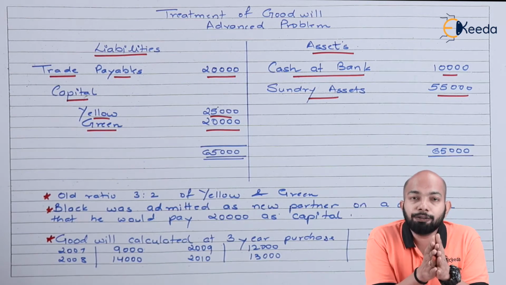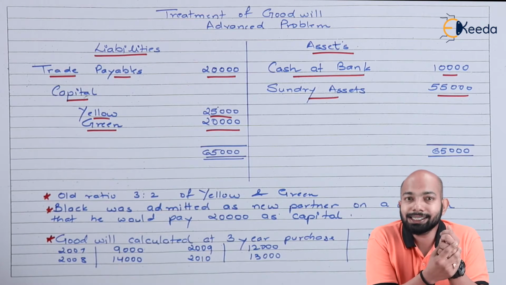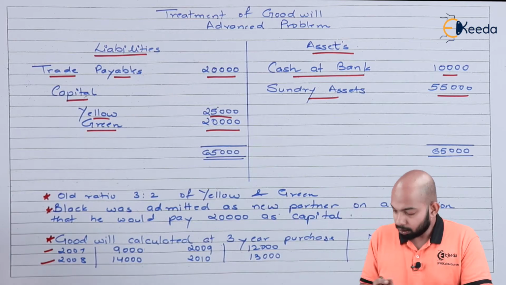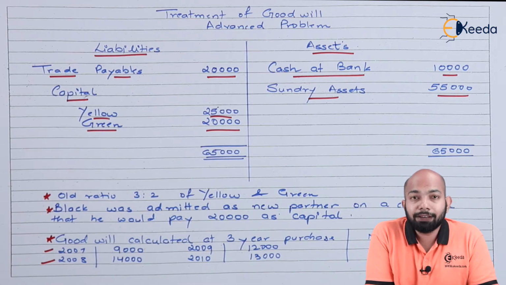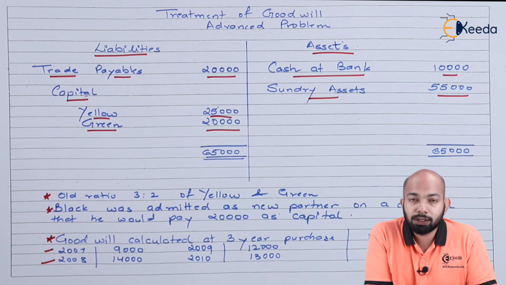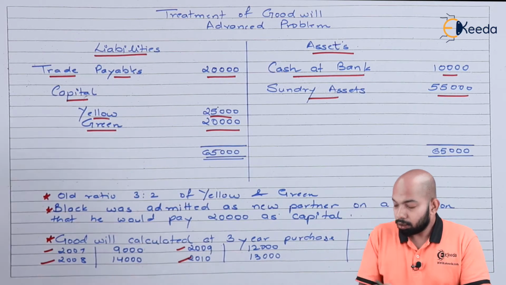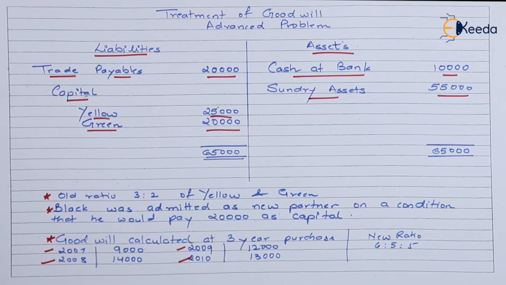For the average profit method, they have given you certain years and the profit related to it. For 2007 and 2008, we had a profit of 9,000 and 14,000 mentioned here. For 2009 and 2010, we have a profit of 12,000 and 13,000.